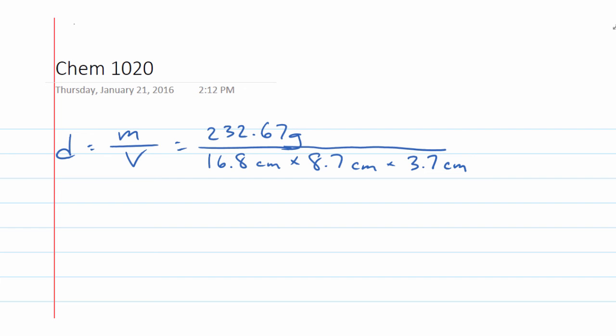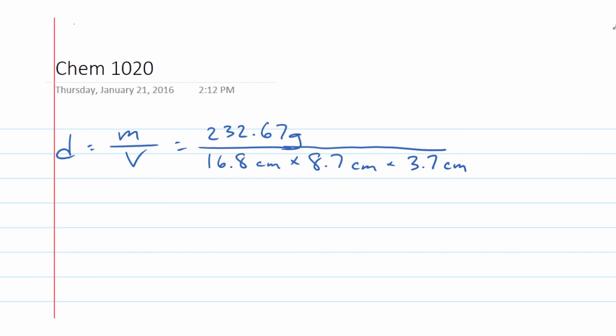Maybe I'll start typing 232.67. We divide that by 16.8. We divide it again by 8.7. We divide it again by 3.7. And upon doing so, it looks like we wind up with 0.4302, etc.